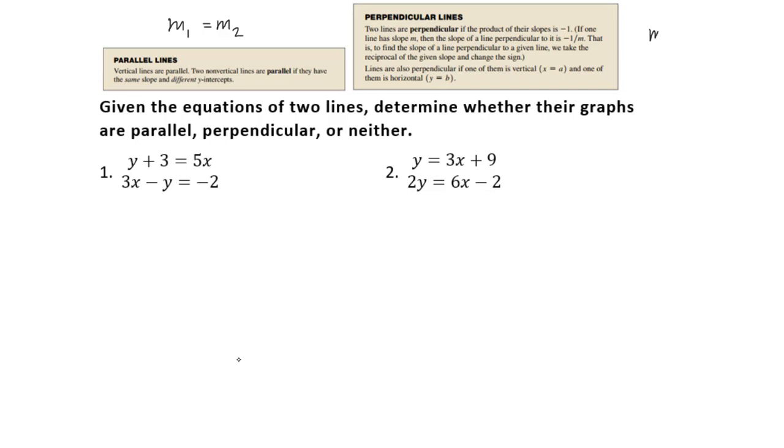So the slope of one is equal to the negative slope of the other, flipped upside down. Or I've seen that other people will say the slope of one times the slope of the second will equal negative 1. These are two different ways that you can do it. Let's do a couple of examples.